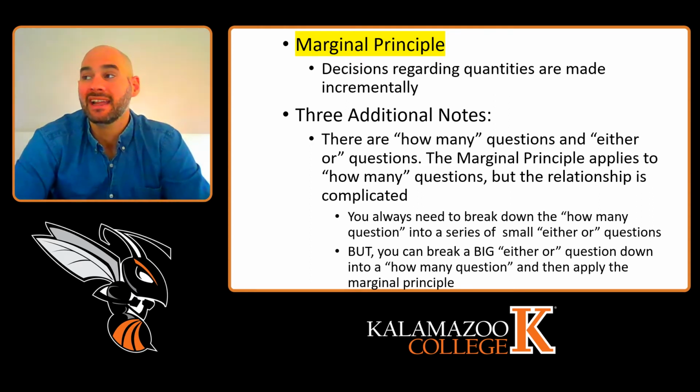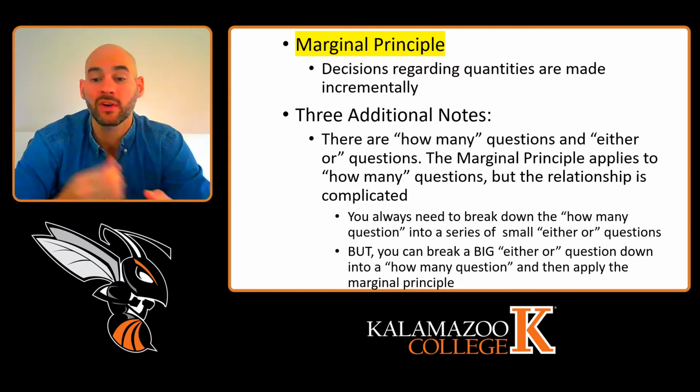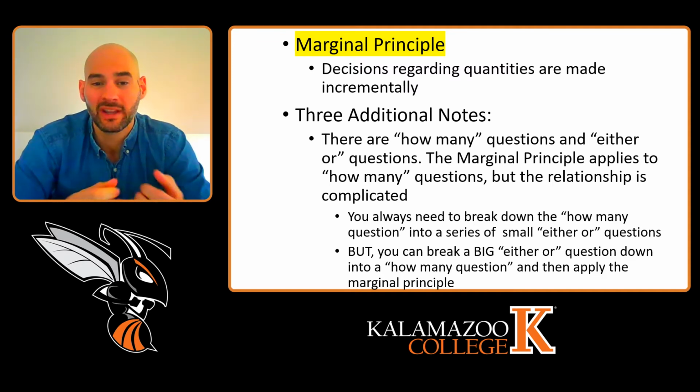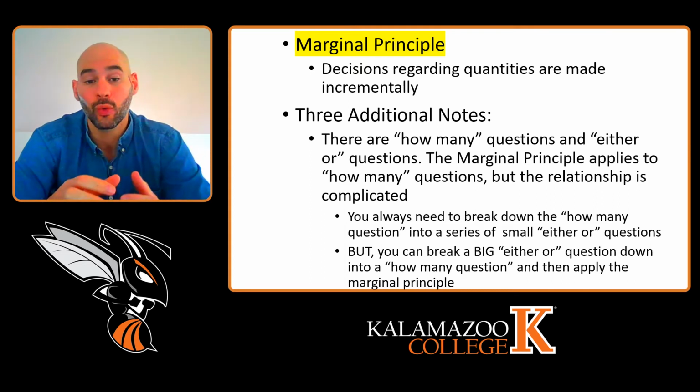We aren't buying 10 pounds of ground beef a month or 0. We're deciding whether we want to buy 1 more pound of ground beef every month. And so the way that we're going to think about this decision is going to be a difference between questions which are how many and either or.